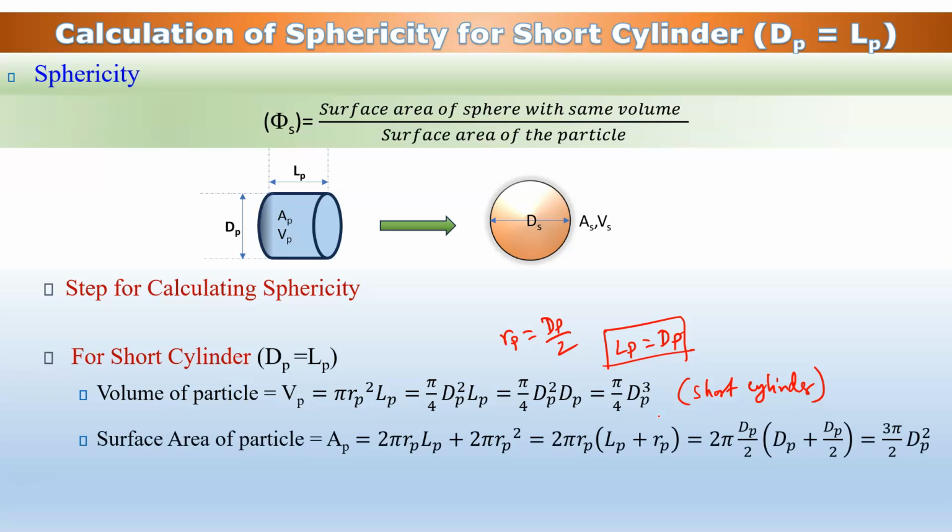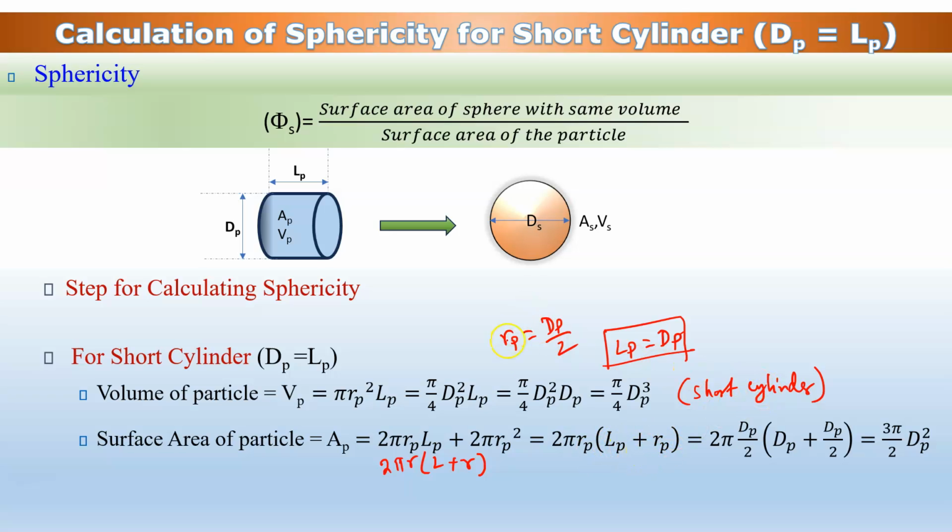Now what will be the surface area of the particle? The surface area of the cylinder is 2 pi rp lp plus 2 pi rp square, meaning 2 pi rp into lp plus rp.